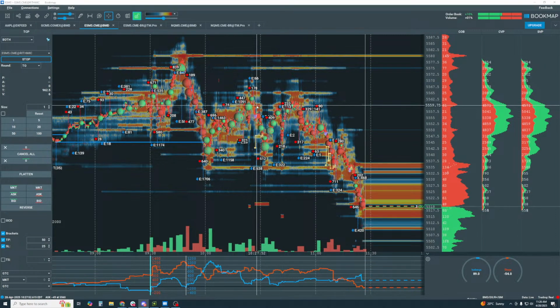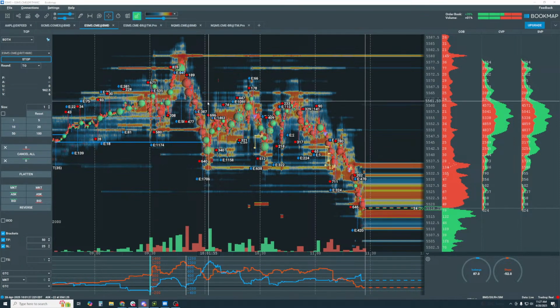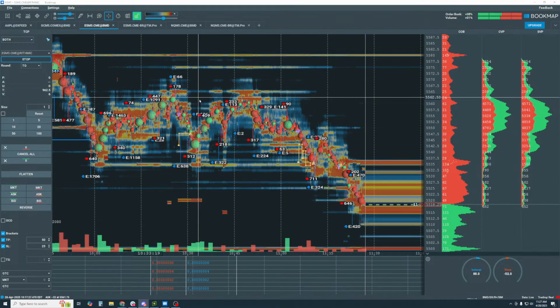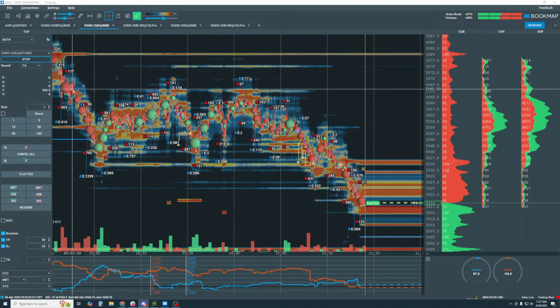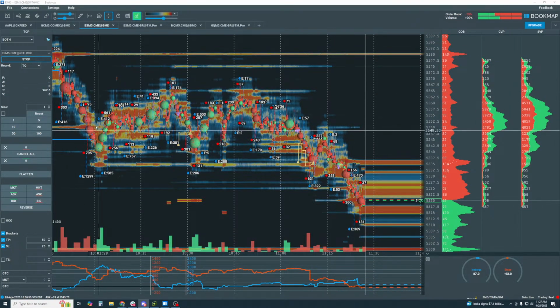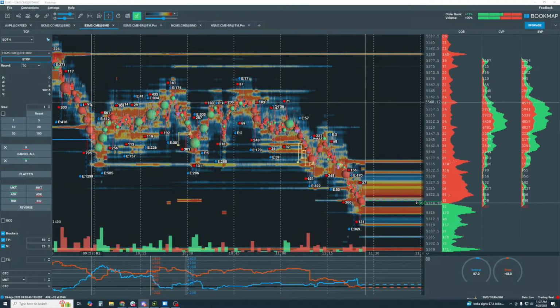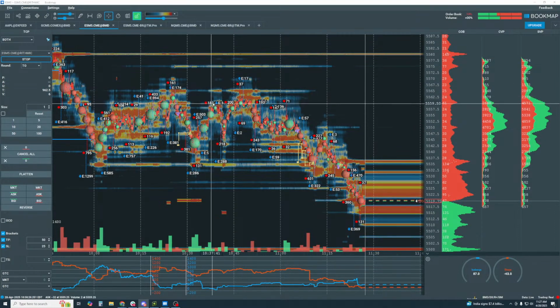And Bookmap Academy, guys, we talked about this last week. The next thing that we're looking for is a key level. We look at our technical levels in the order flow, where price might have dropped from, or on pullbacks into maybe a consolidation, and then we're looking for reactions at these key levels.